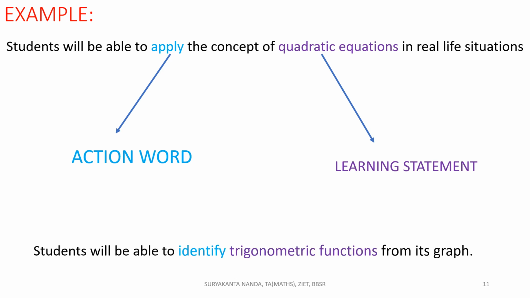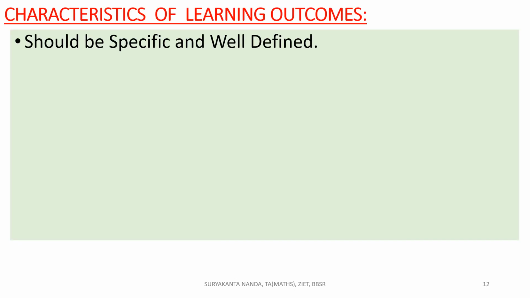Let us consider another example. Students will be able to identify trigonometric functions from its graph. Here, the action word is identify and the learning statement is trigonometric functions. The characteristics of learning outcomes are: the learning outcome statement should be specific and well defined.